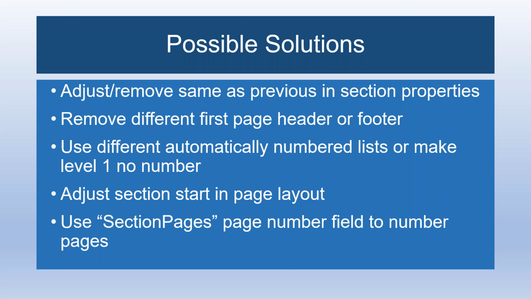And it's not always obvious when you look at a one-page document or a one-page template that may have a bunch of inserts in it, that the different first page setting is there. Another thing that you can run into is with numbering, is that the numbered lists in your documents end up being sequential.